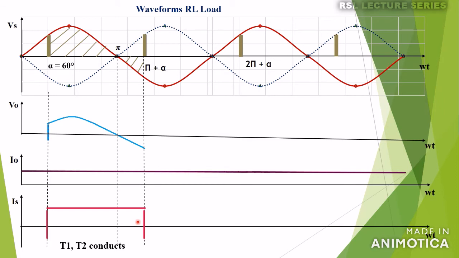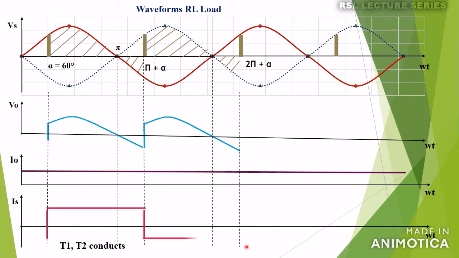They start conducting, so this shaded portion of the voltage appears across the load. Now the supply current flows from terminal N to P, and hence it is considered a negative direction. These two thyristors T3 and T4 continue to conduct until 2 pi plus alpha.